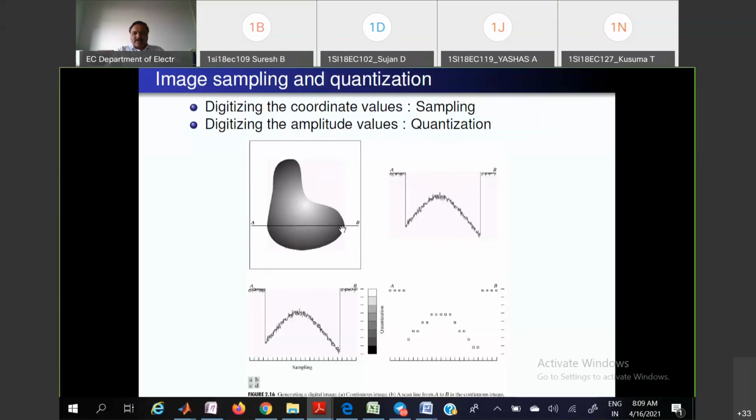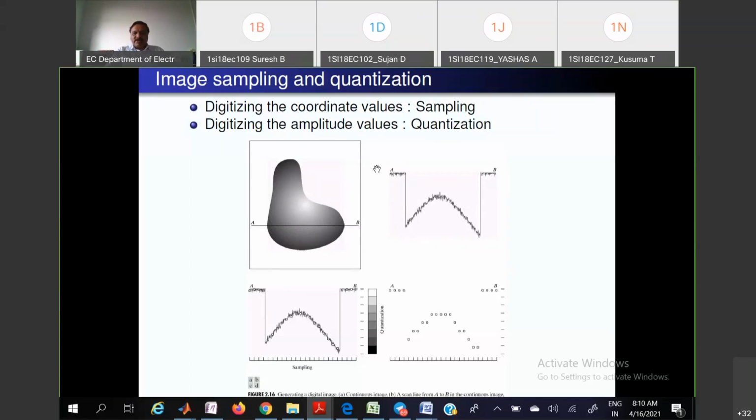Then from here onwards, if you carefully observe, the intensity is slightly increasing, and probably somewhere here it has reached the maximum. Then again, as you move down, it is decreasing. Then at this point, the transition from black to white. So a sudden rise in the value, and then it almost remains constant.